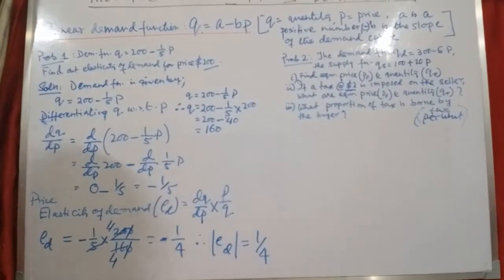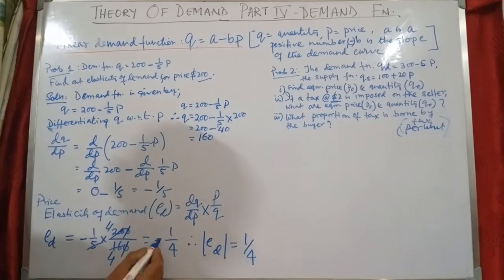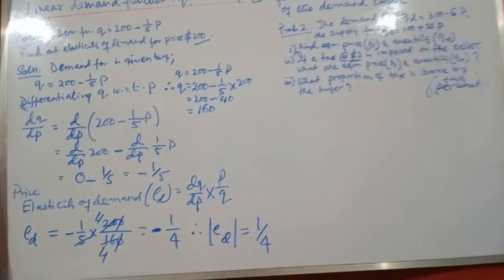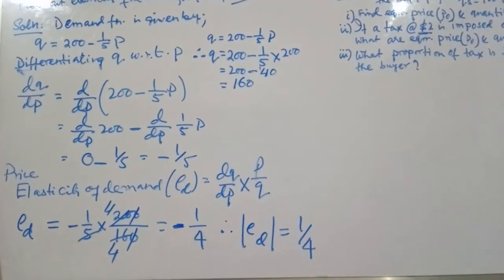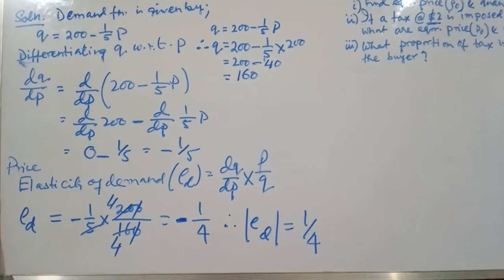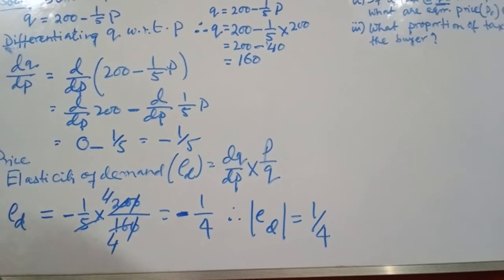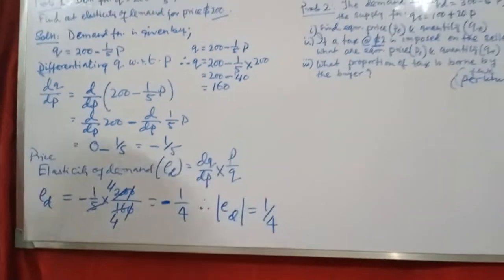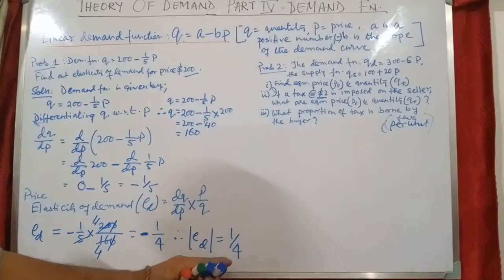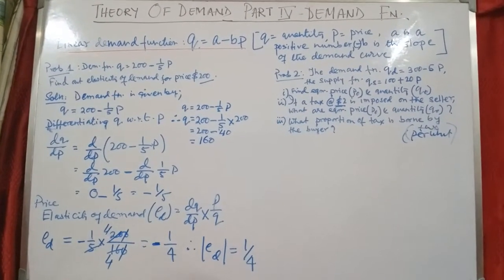The negative sign is ignored for all practical purposes. The negative sign denotes that the curve is downward sloping. So elasticity is 1 by 4.